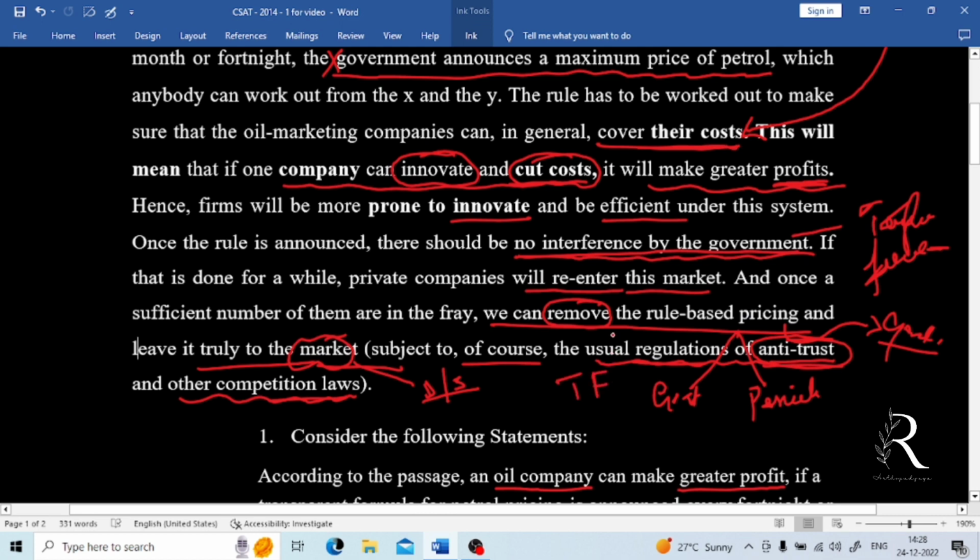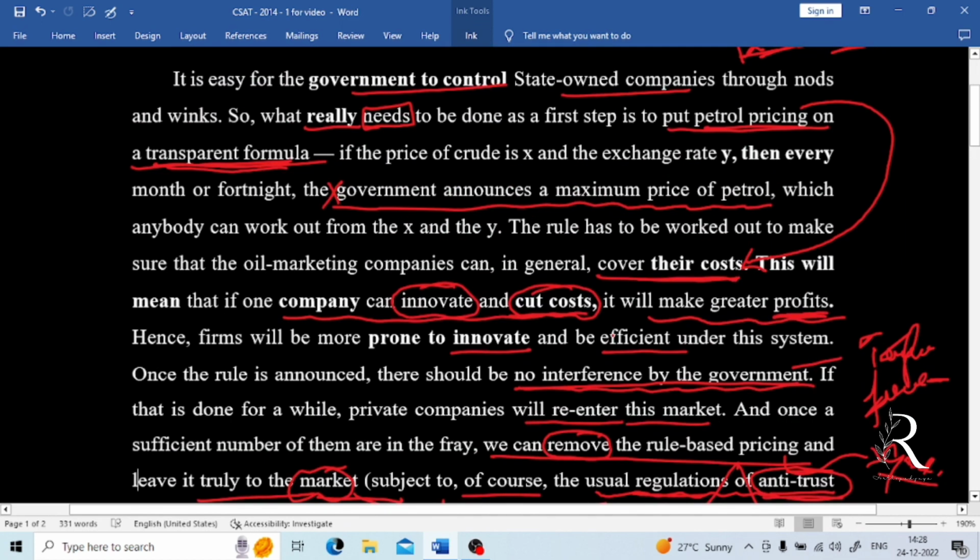Got it? In examination conditions we might not understand this much, but we can simply go to these words. There is a change: a new transparent formula. The government is presently regulating; we need to cover the cost, which means costs should be covered by the oil producing companies and they can make a profit, and there will be a transparent price regulation.